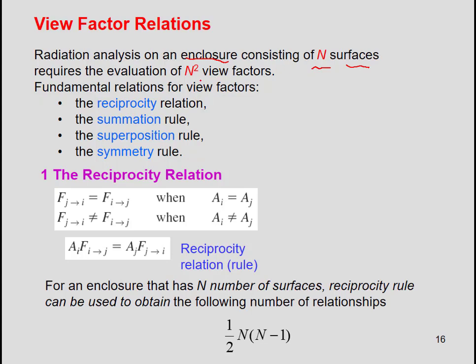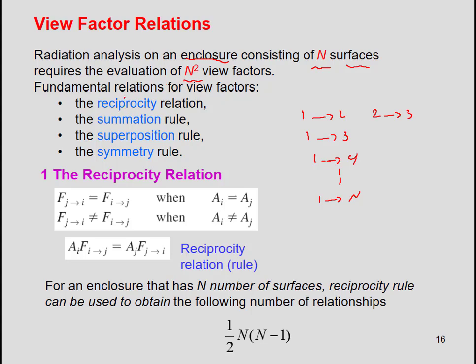Then for this case, we will have n squared view factors. In other words, from surface 1 to surface 2, 1 to surface 3, 1 to surface 4, and so on, 1 to surface n. And we will have this for all of them: 2 to 3, 3 to 2. Finally, we will have n power 2 view factors.